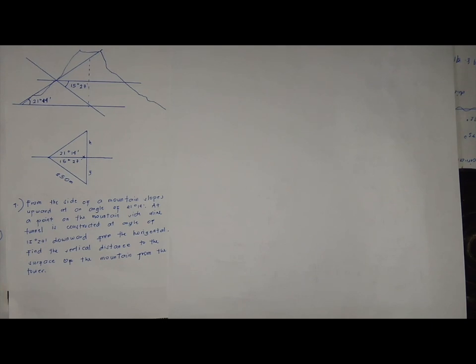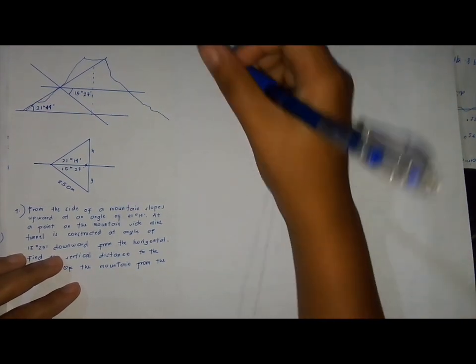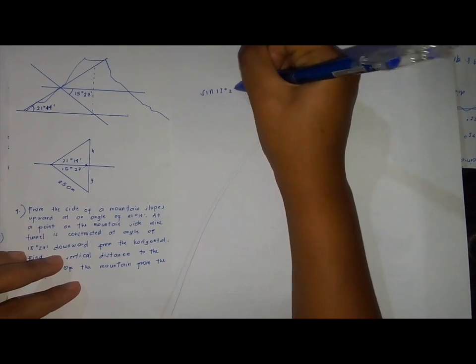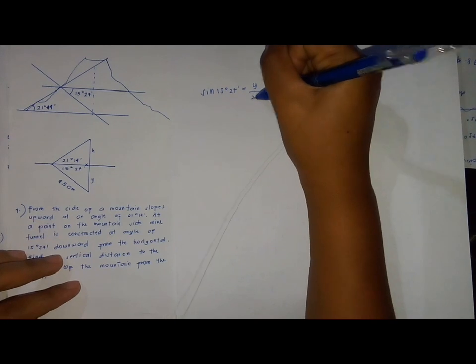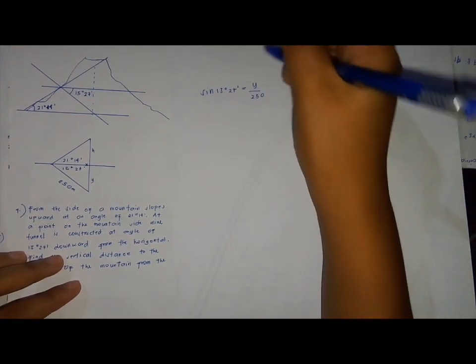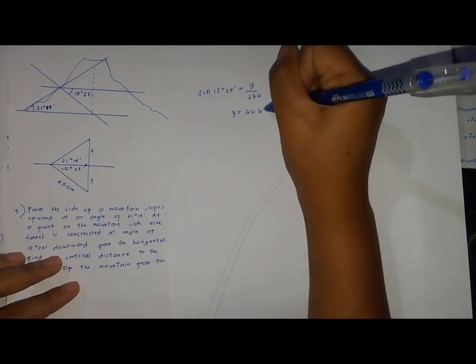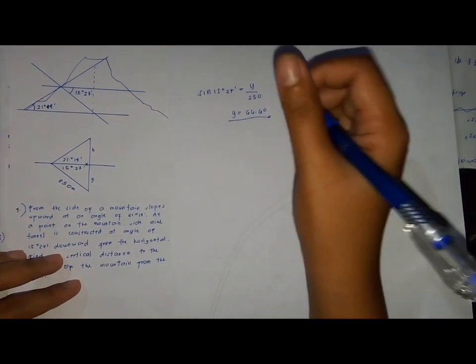So we can use the SOHCAHTOA, the sine, cosine, and the tangent. So first, we are going to use the sine. So sine 15 degrees 27 minutes is equals to y over 250. So y is equals to 66.60. Now we can use the cosine.